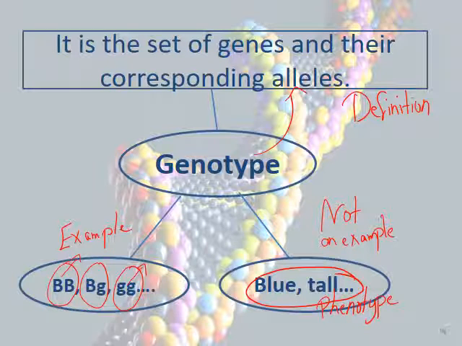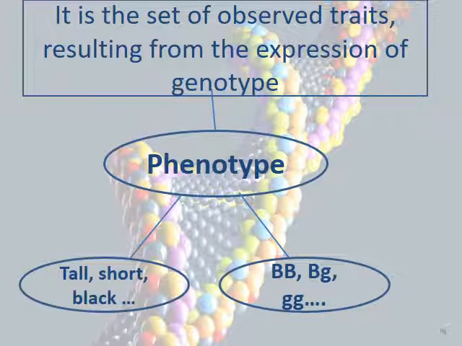Let's move now to the definition of phenotype. Phenotype is the set of observed traits resulting from the expression of the genotype. So the genotype will give us the phenotype. Tall, short, black, green, whatever, are examples.